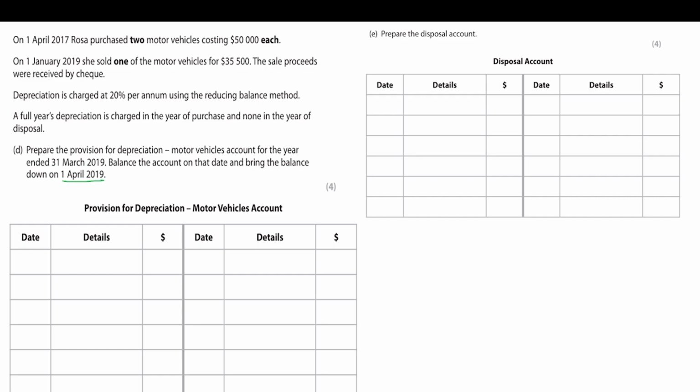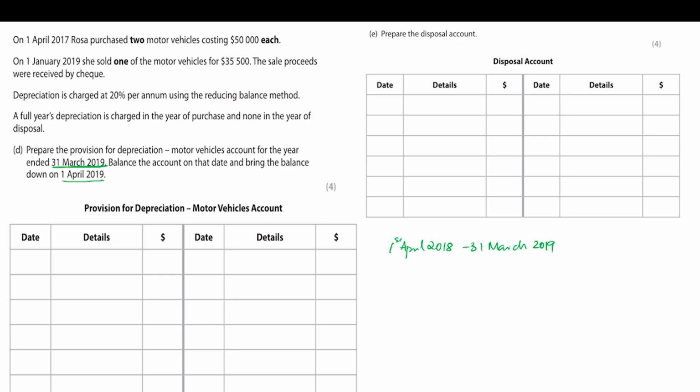So by this itself, we know that the accounting year ending is 31st March 2019. We need to work on that first. They want us to prepare for 31st March 2019, that means from 1st April 2018 to 31st March 2019.